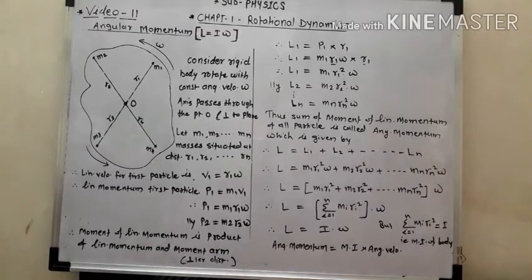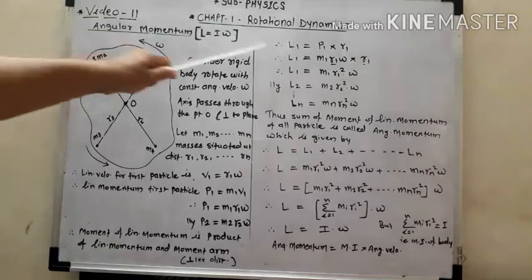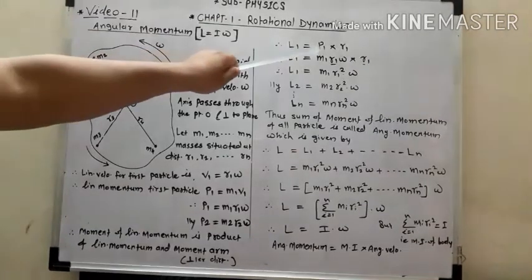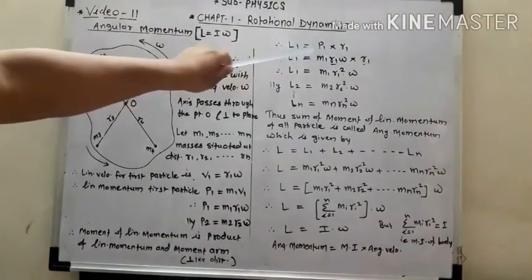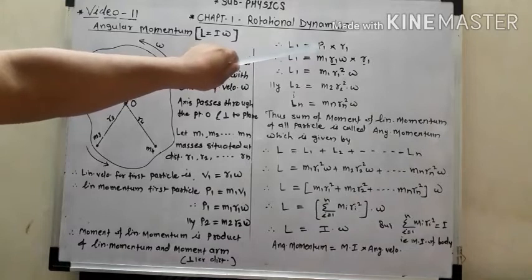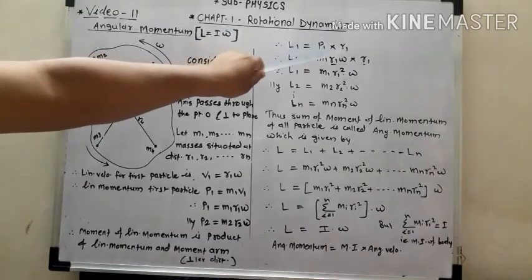So the moment of linear momentum of this particle is the product of linear momentum and moment arm, and we can write L1 is equal to P1 into R1, where P1 is the linear momentum for the first particle, and R1 is what?